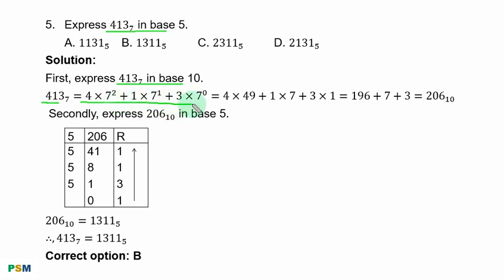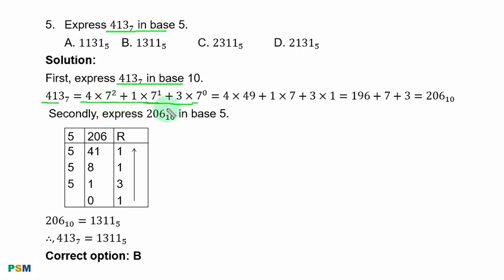When you are done with that, you assign powers to the base number starting with 0 from right to left. So the first base number here, the power is 0, followed by power 1 and 2 respectively.